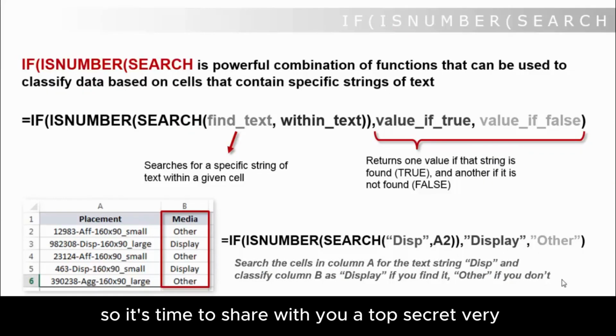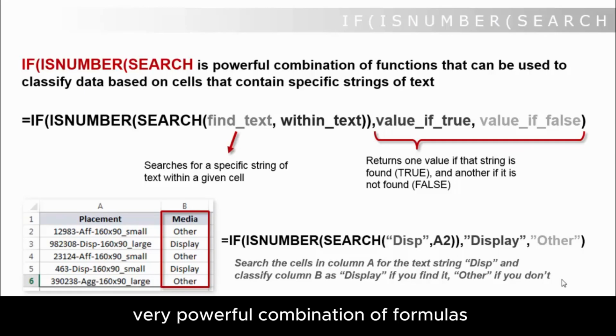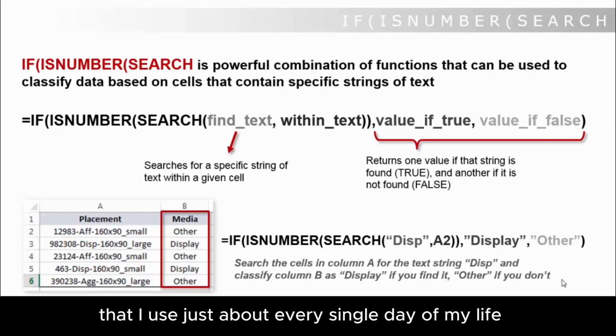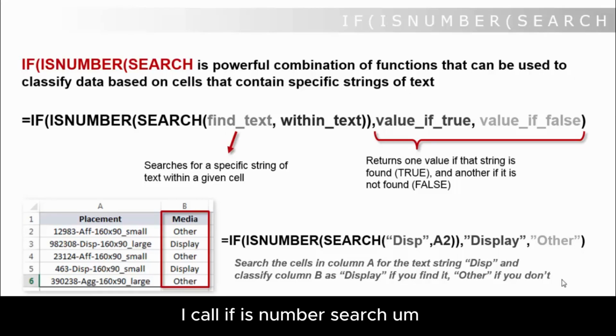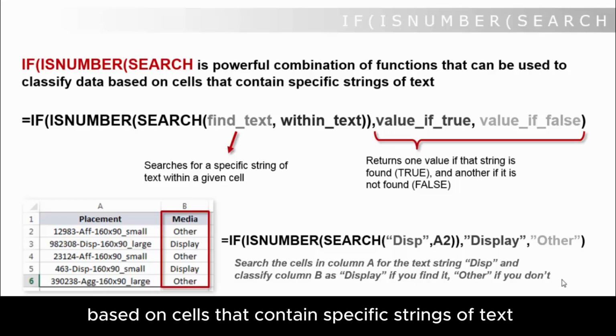All right, so it's time to share with you a top secret, very, very powerful combination of formulas that I use just about every single day of my life, called IF ISNUMBER SEARCH. Sounds a little crazy. It's a combination of three functions: IF statement, ISNUMBER statement, and SEARCH statement, all rolled into one. Basically, it helps you classify data based on cells that contain specific strings of text.